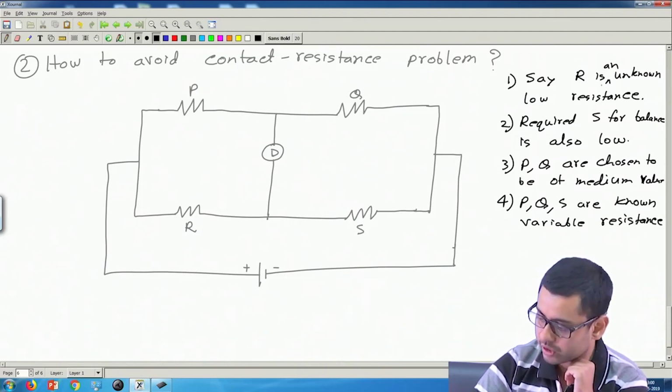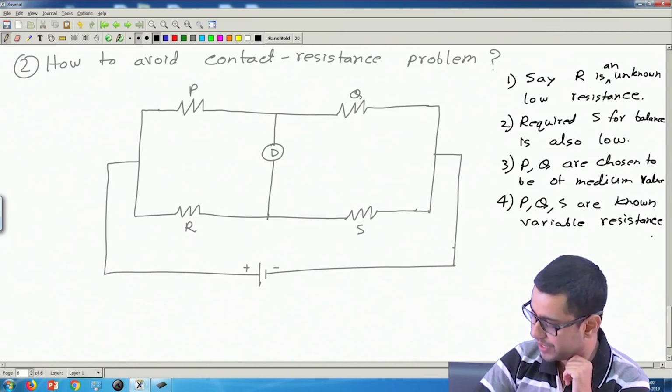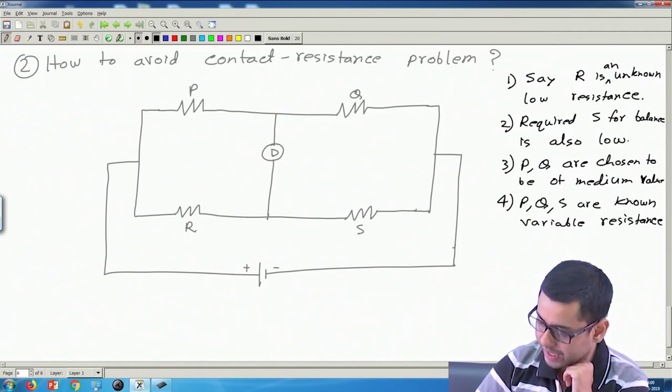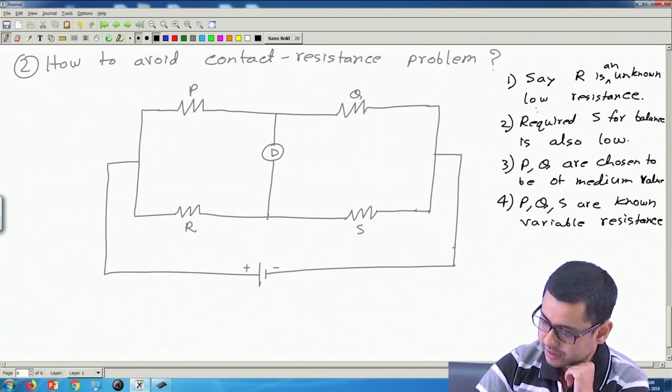So, R is unknown, P, Q, S are known and variable, and you can choose P and Q to be of medium value, and S, suppose it is required S to be small.